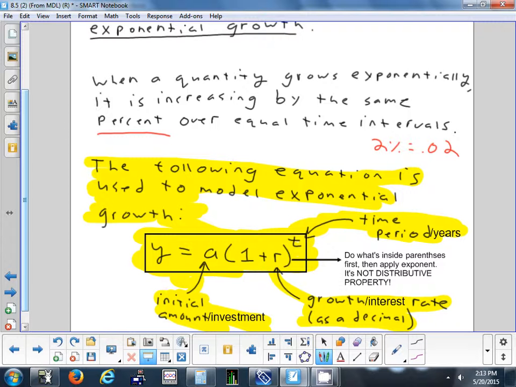All right, so on your worksheet, A is fine. Write down initial amount or how much you're investing. On the worksheet, change B to R. R is your growth rate, or if you're talking about a bank account with money, it's an interest rate.